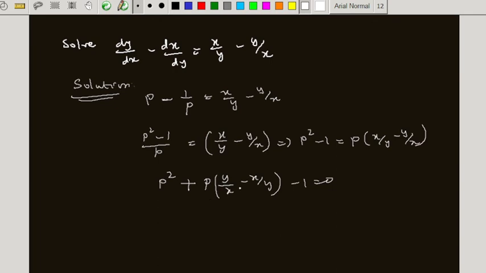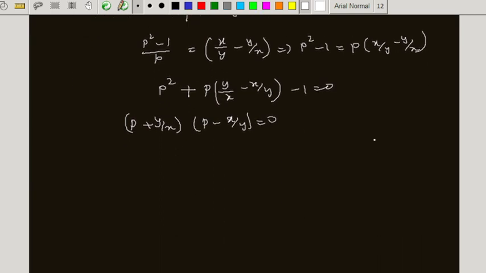So here this one we can write as p plus y by x into p minus x by y equal to 0 is the factor for this one, and we can write this as p plus y by x equal to 0, p minus x by y equal to 0.